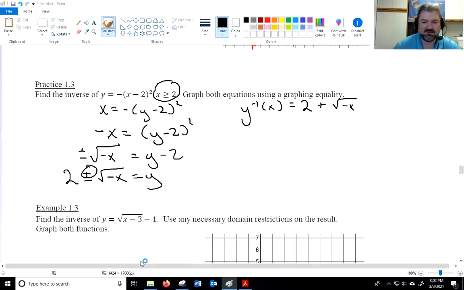And we'll graph that right quick with the graphing utility. Let's see what we get. So I'll just go to Desmos.com again.